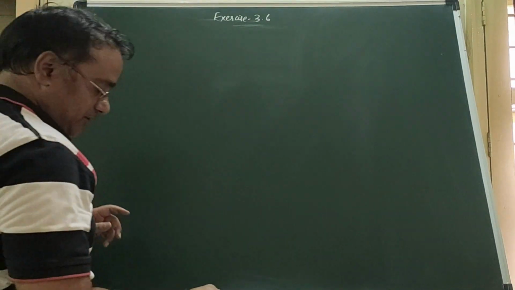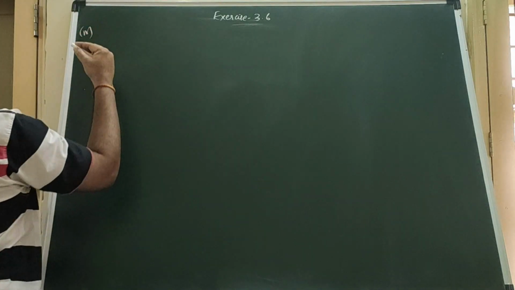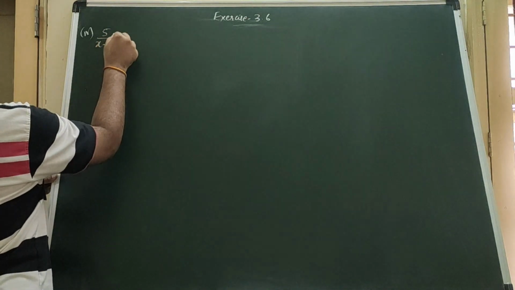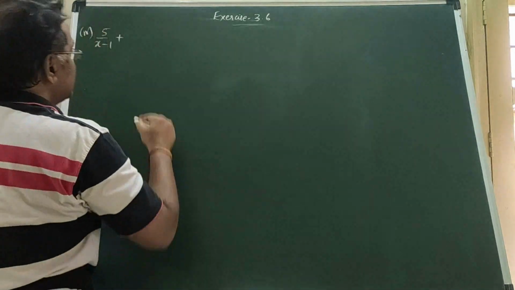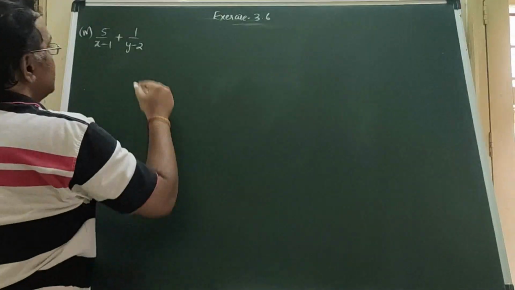Okay. Now fourth bit question is 5 by x minus 1 plus 1 upon y minus 2 is equals to 1.